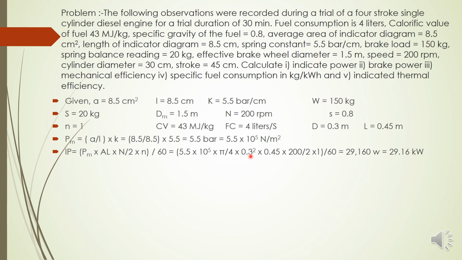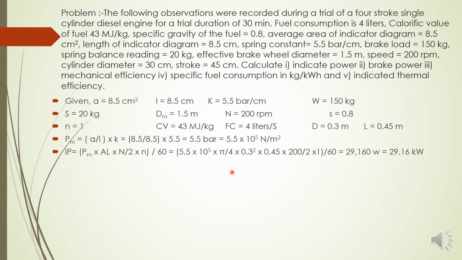Pi by 4 into 0.3 square. Length is 0.45 meter. Speed is 200 divided by 2 because it is a 4-stroke engine. Small n is 1. All of these must be in SI units, then we will get the answer in watt. 29,160 watt. That means 29.16 kilowatt. So that is the indicated power.